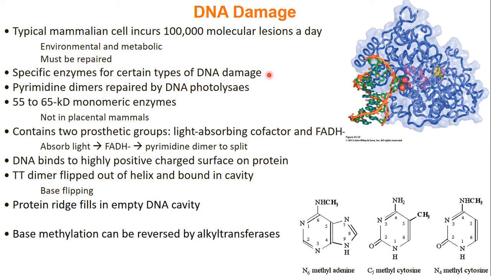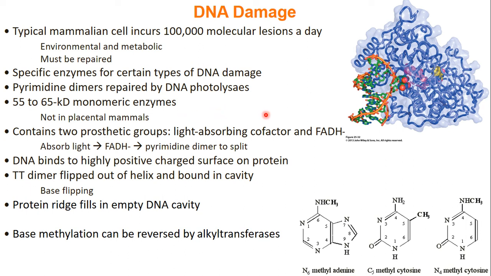And generally, for every type of DNA damage out there, we have a specific enzyme that will take care of that for us. For example, if we get that TT dimer from UV radiation that I talked about in the last video, we can repair that with a photolyase. Photolyases are a monomer, and you have two prosthetic groups that go with them.